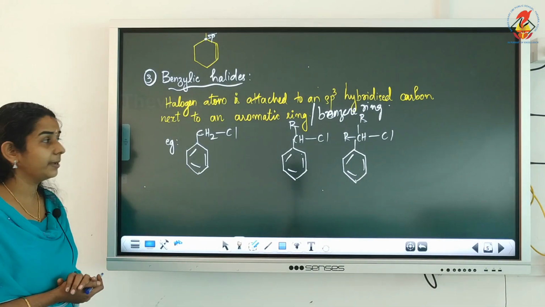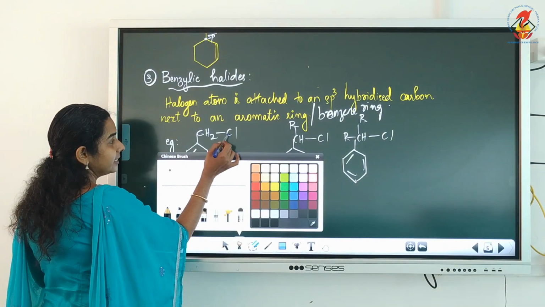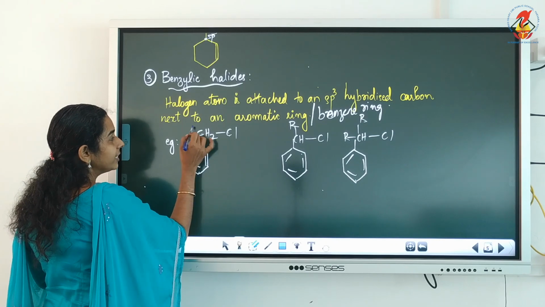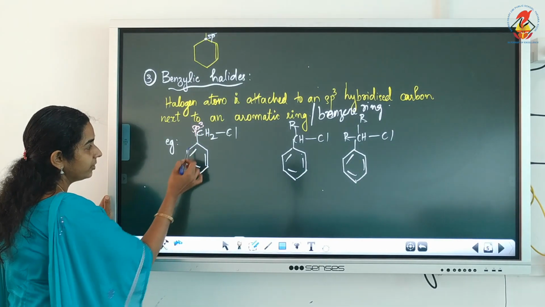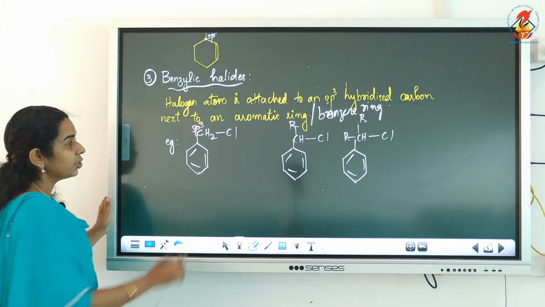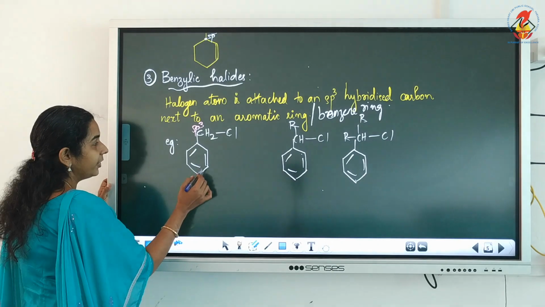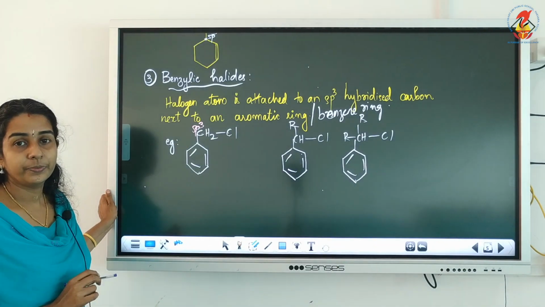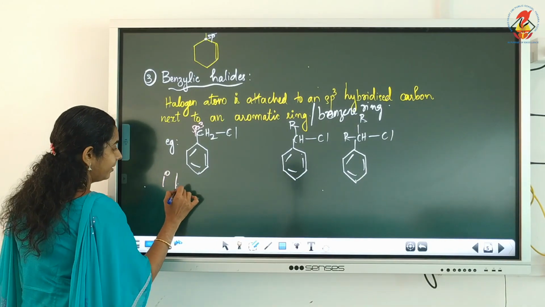Now look at this example. This is the X attached, this is the functional group, that is chlorine or halogen. Halogen is attached to an sp3 hybridized carbon, and on the adjacent position there is a benzene ring. So we can call it a benzylic halide, but here X is attached to CH2, so we can call it a primary benzylic halide.